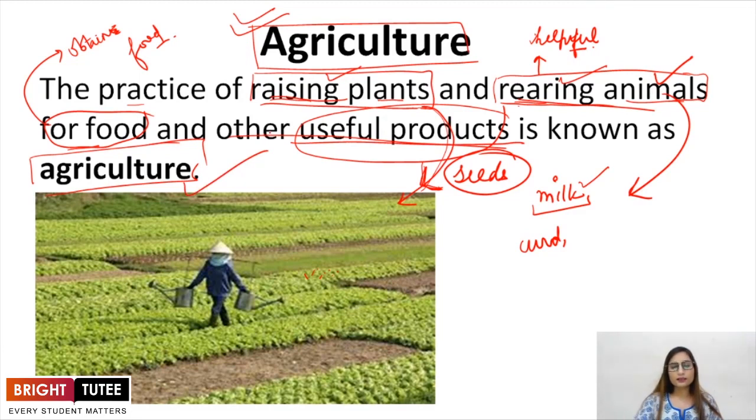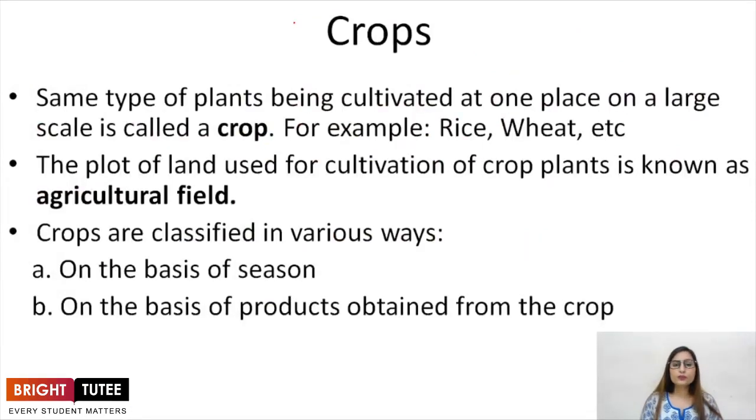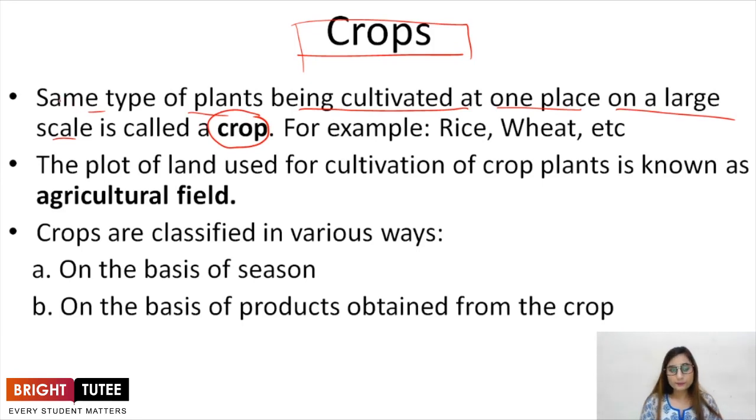This is basically agriculture, in which we raise plants and rear animals for food and other useful products. Now students, coming to the next thing, that is crops. Same type of plants being cultivated at one place on a large scale is called a crop. Students, what does the statement say? It says that same type of plants, basically if you consider a field in which you are growing wheat, right?